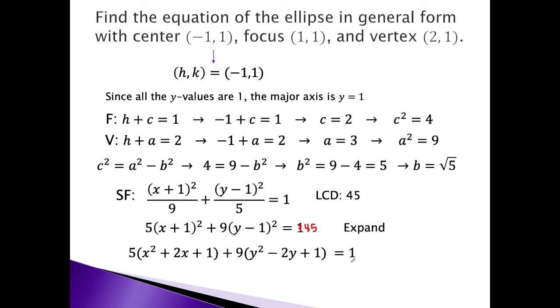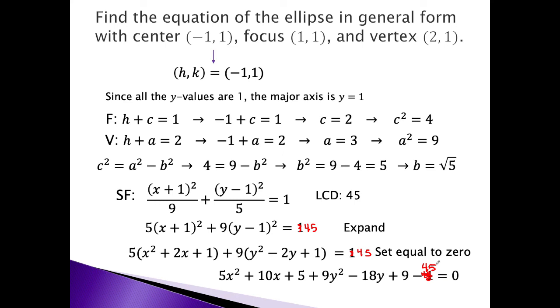And we expand that, we get 5 parentheses x squared plus 2x plus 1 plus 9y squared minus 2y plus 1 equals 45. 5x squared plus 10x plus 5 plus 9y squared minus 18y plus 9 minus 45. So we have 5x squared plus 10x plus 9y squared minus 18y minus 31 equals 0. And that would be your general form.